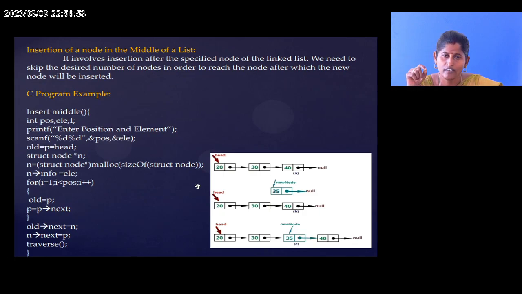We also need to change the second node's next pointer, which already holds the third node address. Now we need to change the second node's address to point to the newly added node address. So we need to make the changes in the new node's next pointer. So old of next is equal to new, the new next is equal to P, and we can traverse the list.